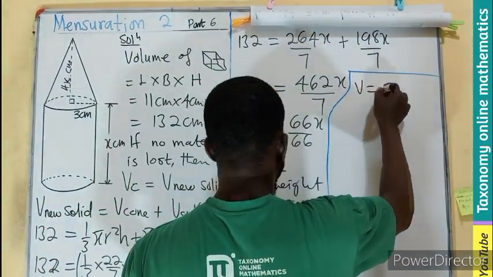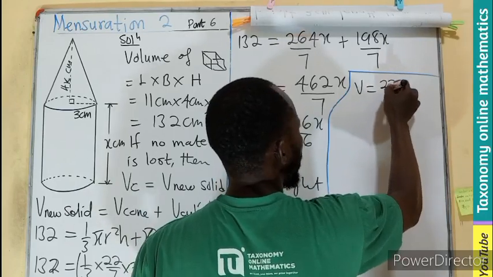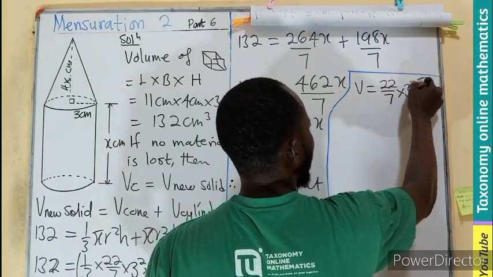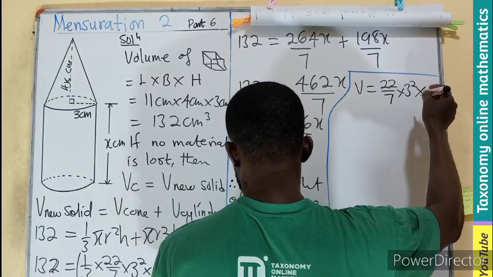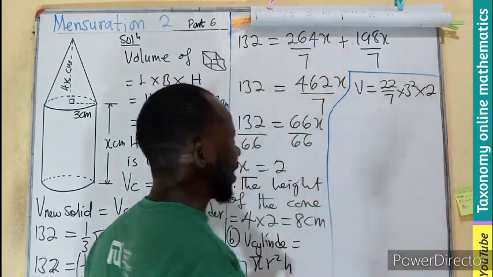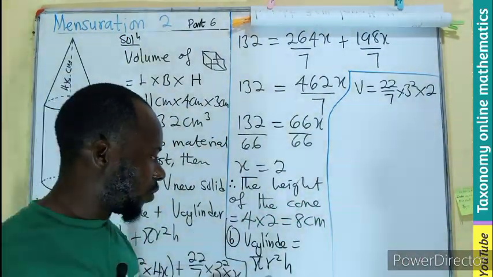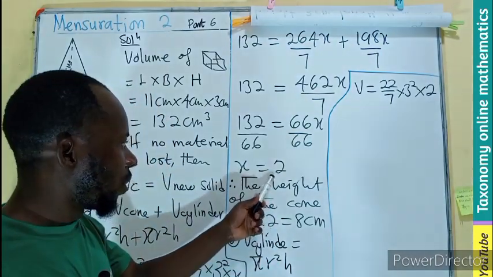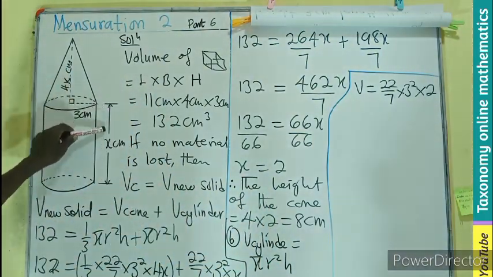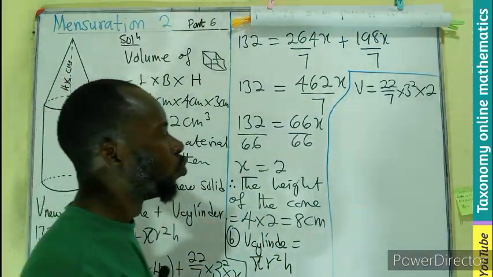So volume equals 22 on 7, 3 squared times what? 2. Don't forget our height is going to be 2. The x is the height of the cylinder. So that will be 2.